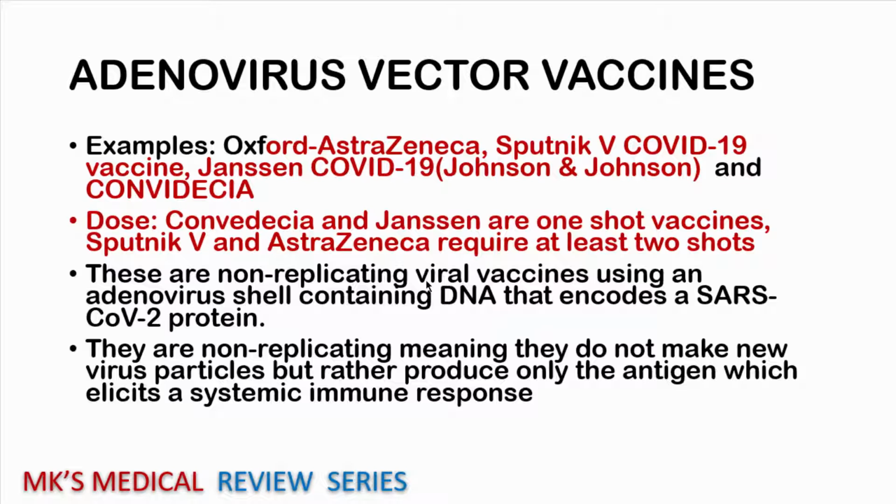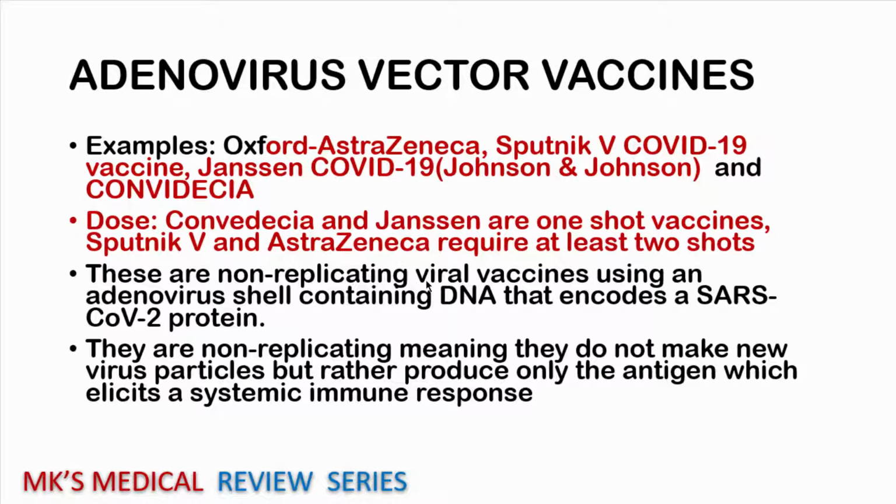Then these vaccines are not self-replicating. So they are not like the mRNA vaccines that enter into the body and start replicating and making proteins. No, these are just put into a vector. They are put into another virus. Part of the coronavirus is inserted into the adenovirus shell. So you have an adenovirus shell, which acts like a motor vehicle. Then you add this part of the DNA, or rather genetic material, from the COVID-19.